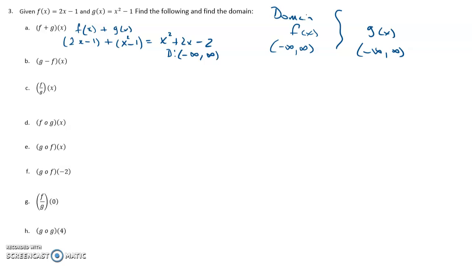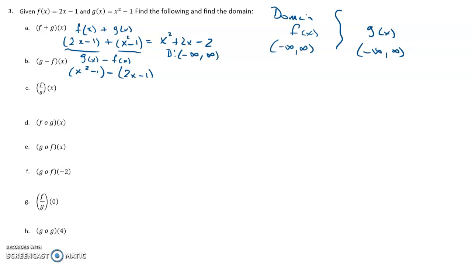Now be really careful. This is where I see common errors, is it's telling us to do the g of x minus the f of x. So I'm going to take the g of x, we're going to write it out, and then we're going to subtract the f of x. And you're going to understand why I put parentheses up here in the first one, even though we didn't really need them. I really encourage you to write the parentheses, because when I take the g of x, it's going to be x squared minus 1, and then we're going to subtract the f of x, which is 2x minus 1.